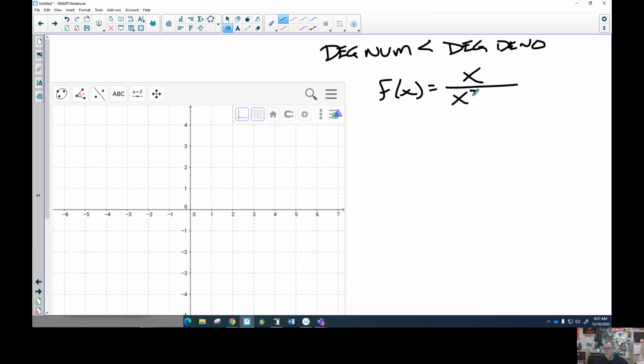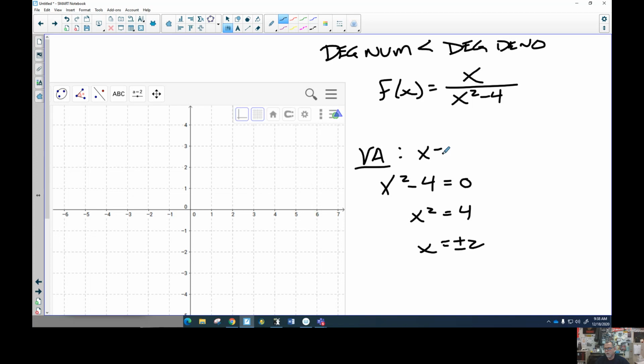And this is kind of a nice thing too, because if we want to find vertical asymptotes, no matter what the degree situation is, top and bottom, a vertical asymptote is going to happen when the denominator equals 0. So x squared equals 4, x equals plus or minus 2. So my vertical asymptotes would be x equals 2, x equals -2.